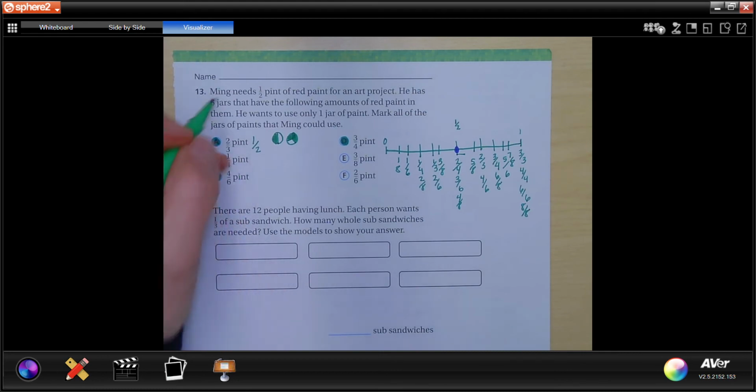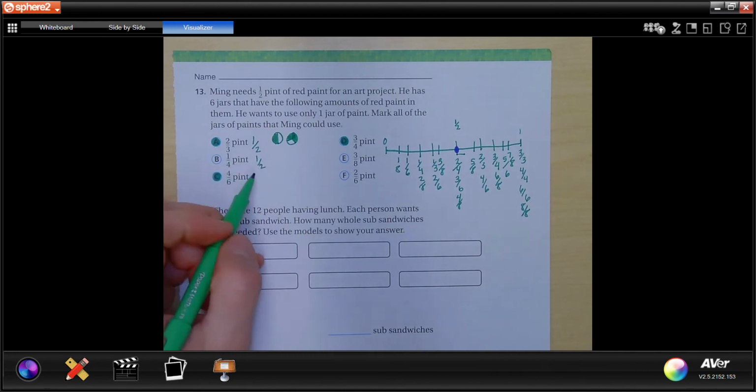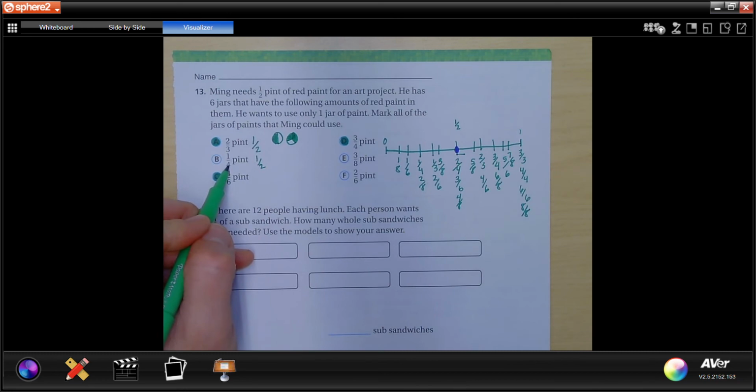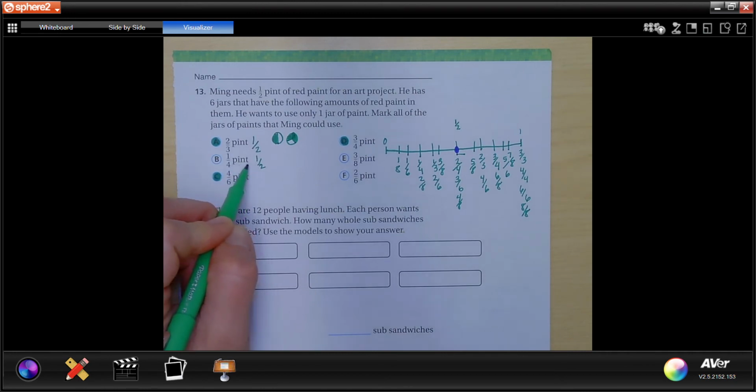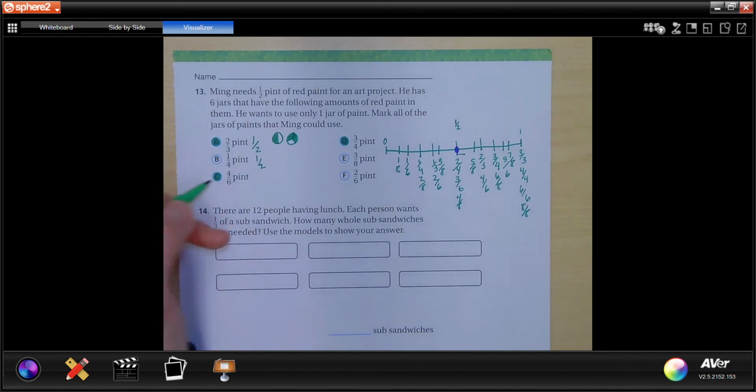So 1/4 and you compare it to 1/2. They have the same numerator, so you can compare the denominator. So we know that 4 has more pieces, so they're going to be smaller. Since there's more pieces, they're going to be smaller than 2. So we know that it's less than a half, so it's not enough.